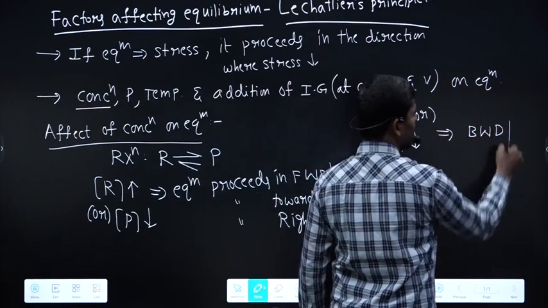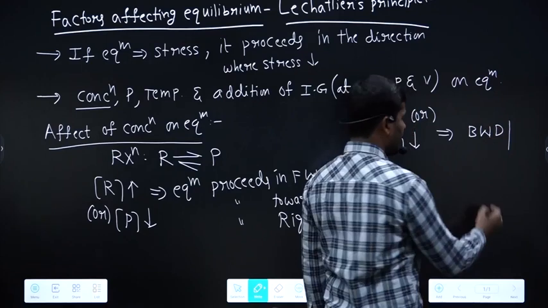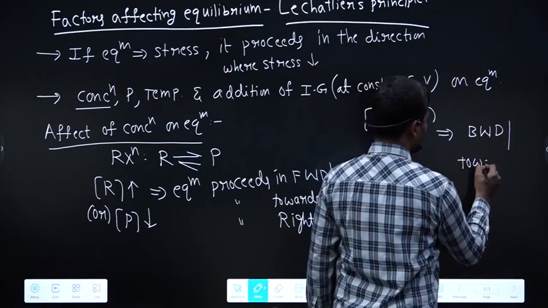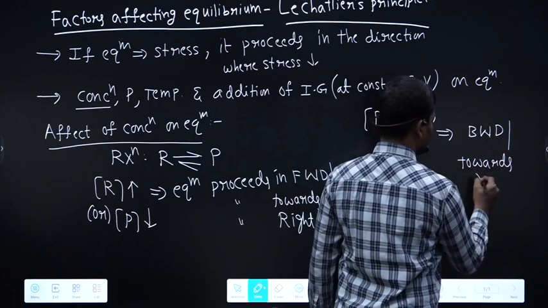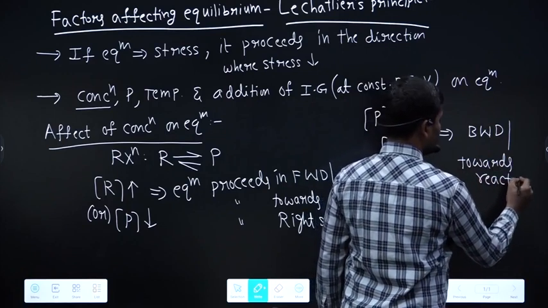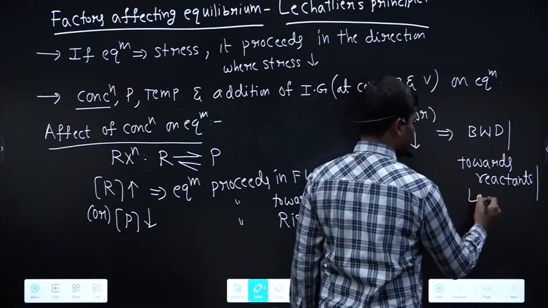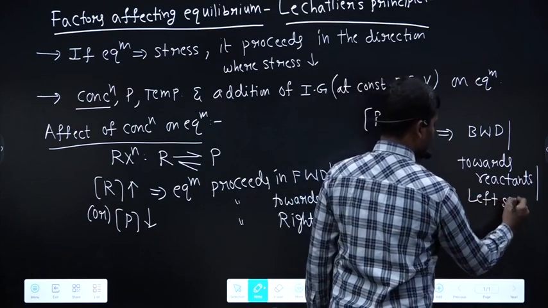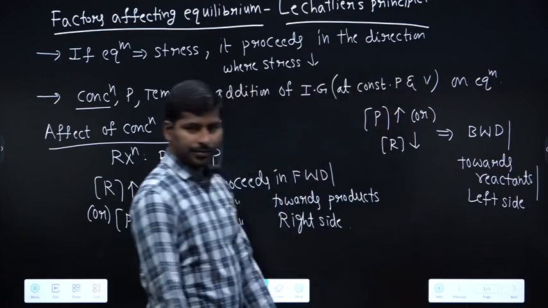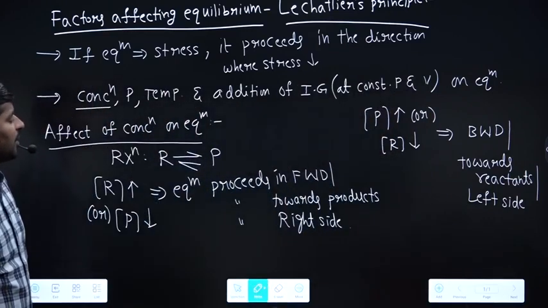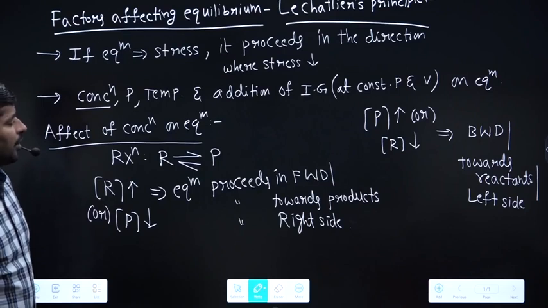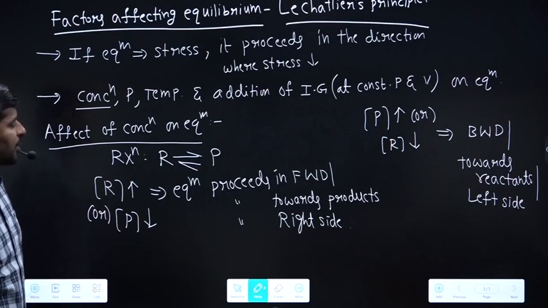Equilibrium proceeds in backward direction, or towards reactants, or to the left side. On increasing the concentration of product or decreasing the concentration of reactant, equilibrium proceeds in backward direction, or towards reactants, or left side.